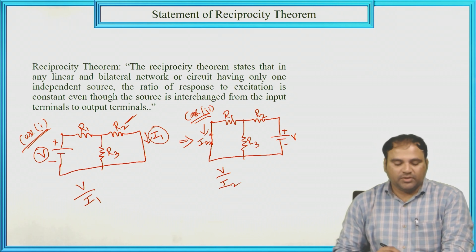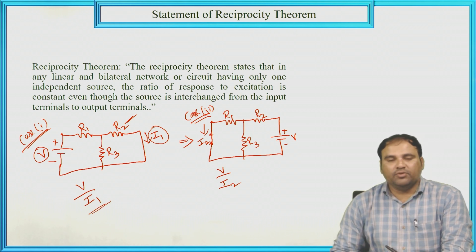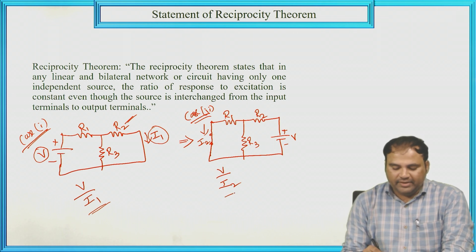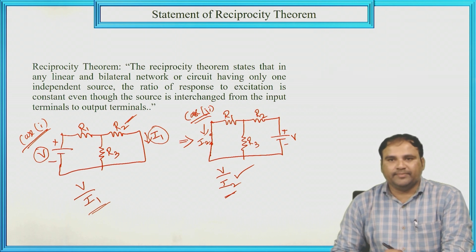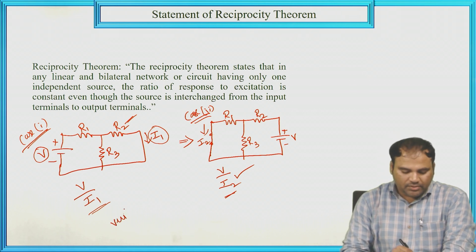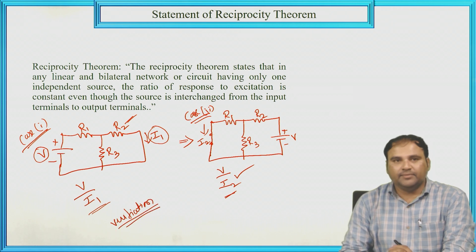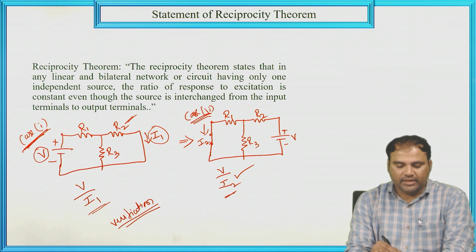So in case 1 we find V divided by I1, and in case 2 V divided by I2, that is the voltage source V divided by the current through the R1 resistor. After that we have to verify whether it is right or wrong. So how can we verify? Verification means the case 1 solution is equal to the case 2 solution.